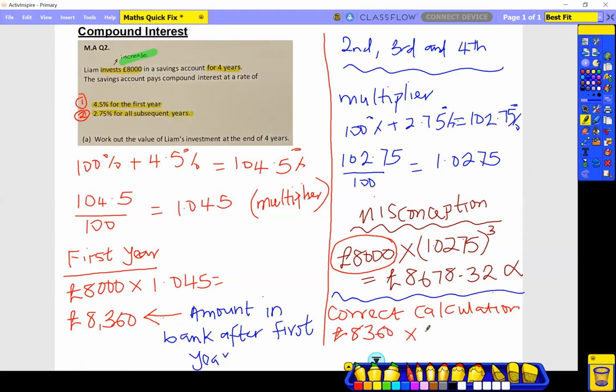8,360 pounds times by 1.0275 to the power of 3. So let's have a look at what that is on our calculator. 8,360 times by 1.0275 to the power of 3 should give us 9,068.84.